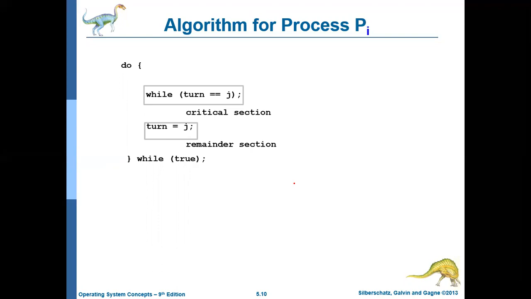If some other process is also running its critical section at the same time, then it is highly likely that the data may become inconsistent, or it may lead to a race condition. Data inconsistency is otherwise called race condition.